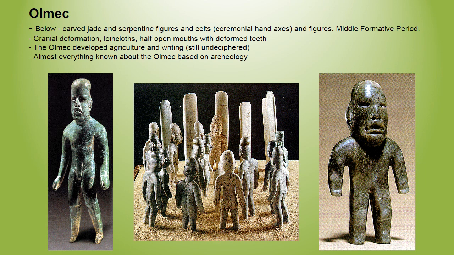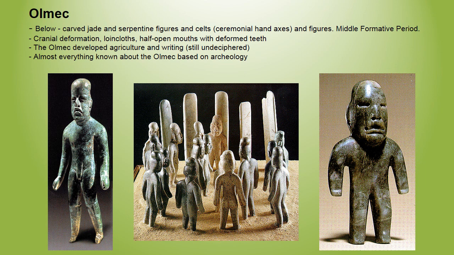So the Olmecs were known for more than just their giant carved head figures. They created objects like these seen on this page, and a lot of these had practical purposes as well. Like you can see the hand axes that were carved in that middle picture.